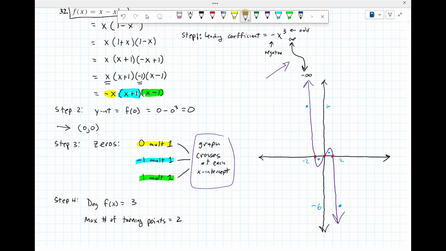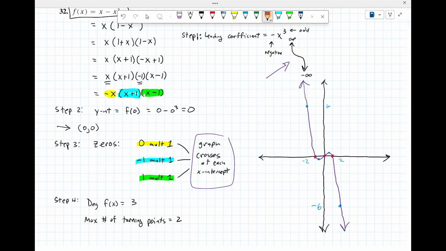Okay? So I had the right idea with the graph, but I can make it look a little bit better. So I'm going to do that. And so I come in and I hit all of my points. Okay.